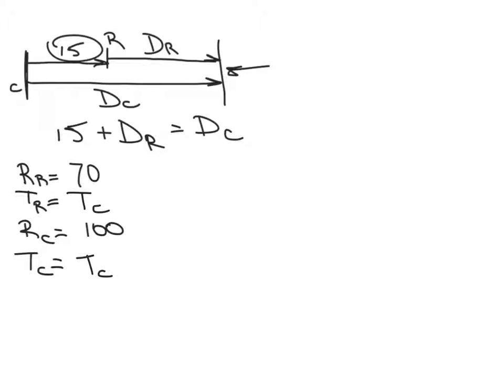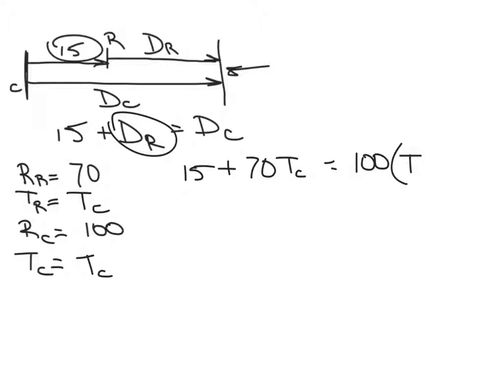Okay? So we have 15 plus DR, which would be rate times time, equals rate times time again, the rate of Charlene. Whoops, I need to put the rate of Charlene. She was going 100, and then her time. Okay? So we get something like that. Let's move the 70 over here.